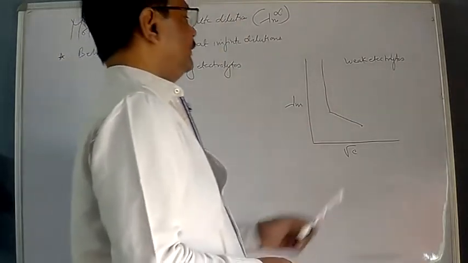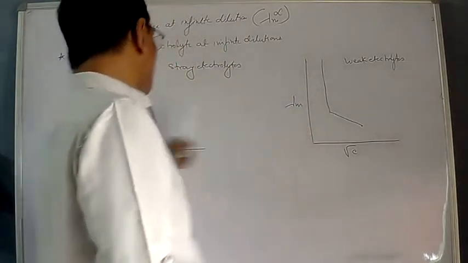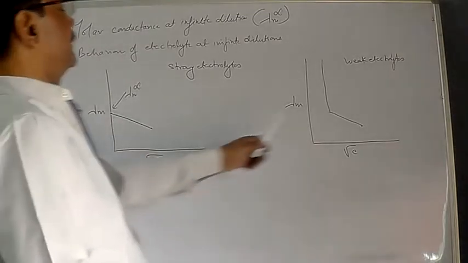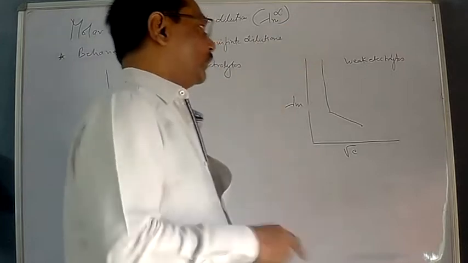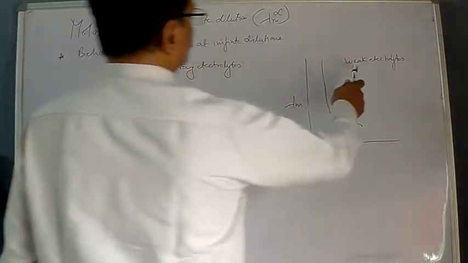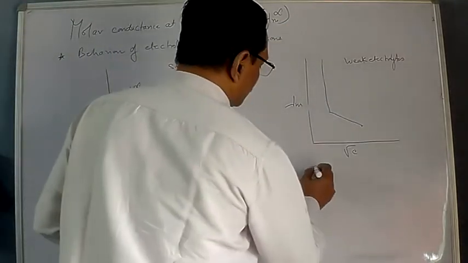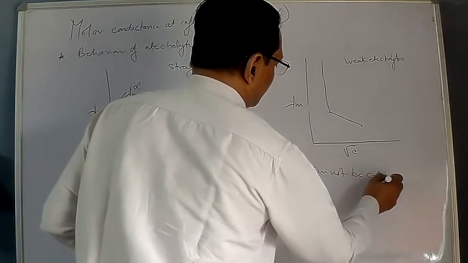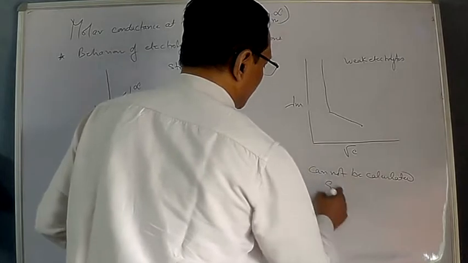That's why we are never able to extrapolate this. Here we have been able to extrapolate, but here we are not. Therefore, molar conductance of a weak electrolyte cannot be calculated graphically.